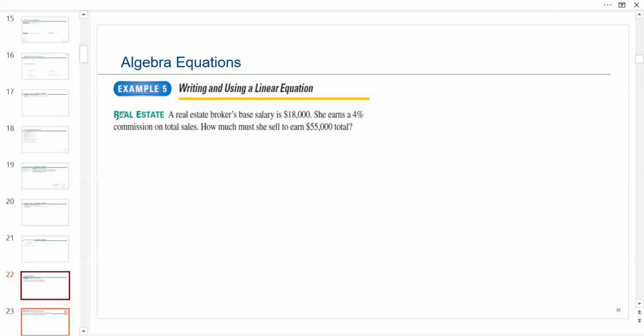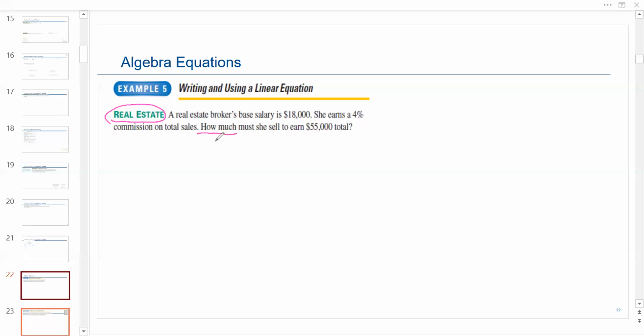This one is related to real estate. A real estate broker's base salary is 18,000. She earns a 4% commission on total sales. How much must she sell to earn at least 55,000?